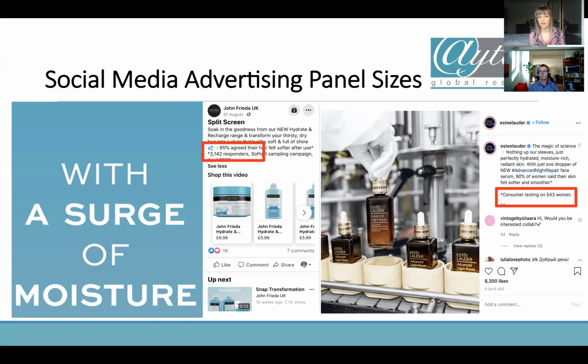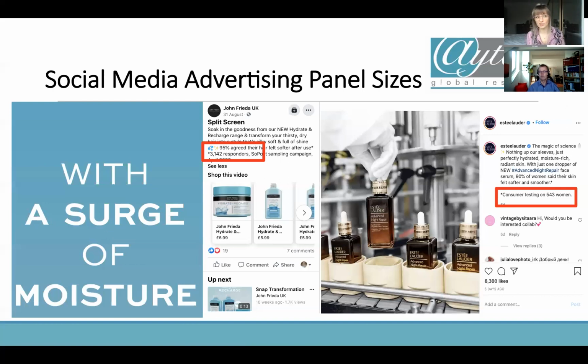So when you've got these kinds of panel numbers, there's no way, if you're quoting it, your competitors are probably going to complain about it, because they can see really clearly what you've used. There's no way your consumers are going to complain about it either. And there's no way that any kind of regulatory body is going to come at you about your sample size.